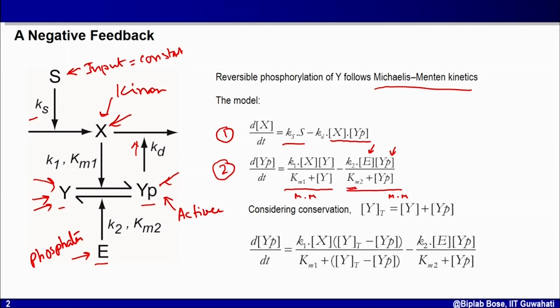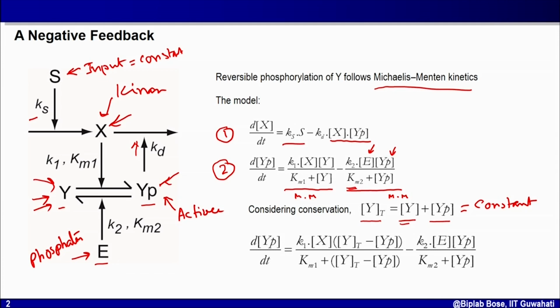Now I am left with the ODE for Y. Now if I consider that the total amount of Y, that is Yt, is equal to Y plus YP, and if I consider that to remain constant, then I can replace Y in terms of YP.